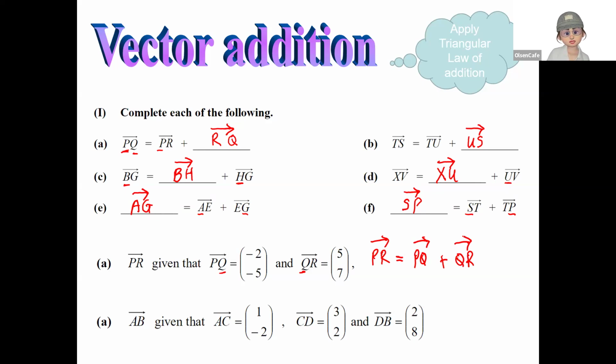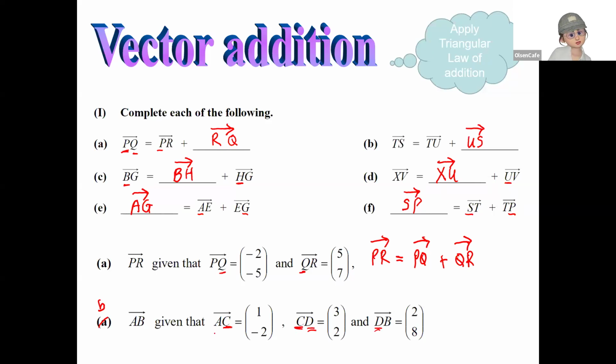Over here, the next question, part B, I have AC, CD, and DB. So I have three vectors. To find vector AB, I just need to connect them. I have point C as an intermediate point, and then the next one, I have point D as an intermediate point.